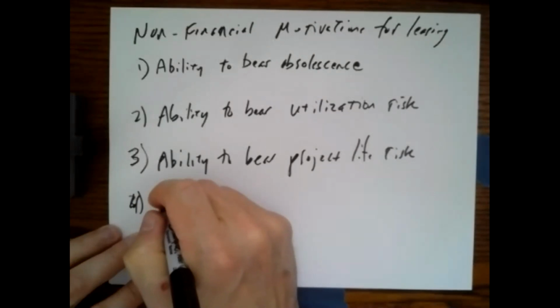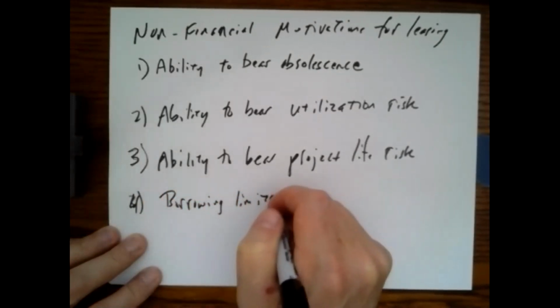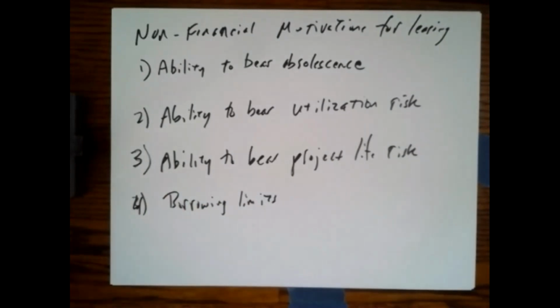Fourth is borrowing limits. You're a small company and maybe you can't get a loan to buy an MRI machine. Well, GE says, hey, no problem, you can't get a traditional loan from a bank, we'll just lease the machine to you.